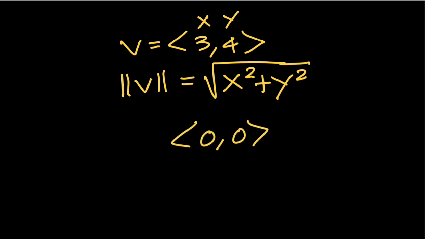Now that you understand what vectors are, we can do some operations with them. We can add and subtract them and multiply by scalars. So let's say we have vectors x and y.